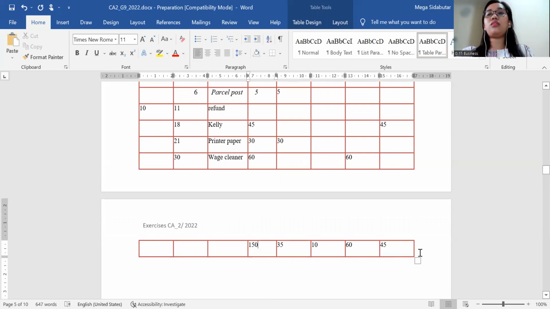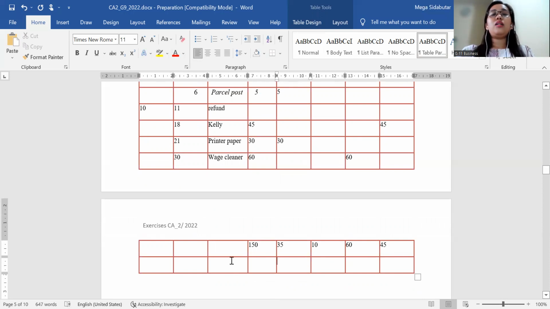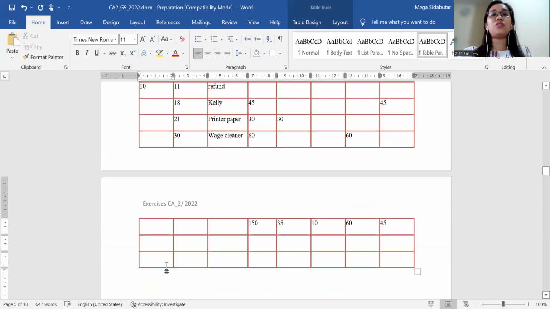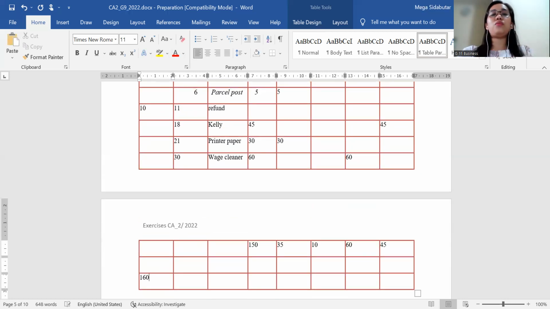That's the total. Now we need to find the balance c/d and balance b/d. We leave one line empty. Which one is the total, the biggest one? Is it the credit side or the debit side? Of course, the debit side. It's around 160, right? We put 160 on both sides.